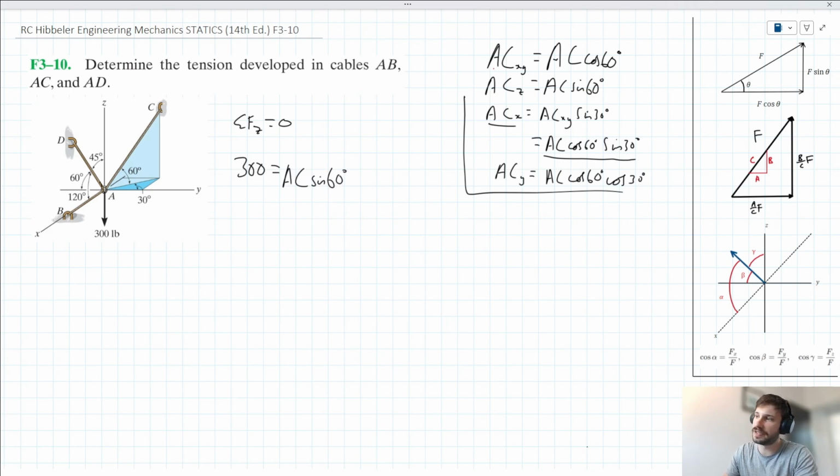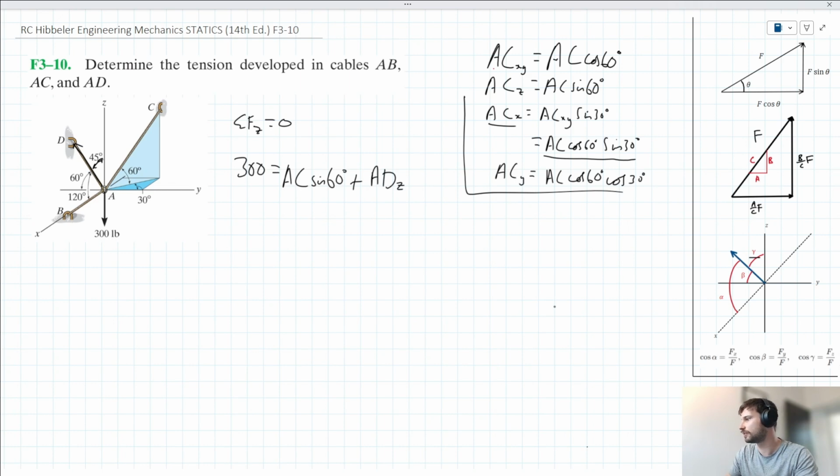And we've got the z component of AD, right? Now, the angle with the z component here is 45 degrees. That means our gamma value here is 45 degrees. So on the right-hand side of our equation, we could say the z component of AD, so ADZ here.